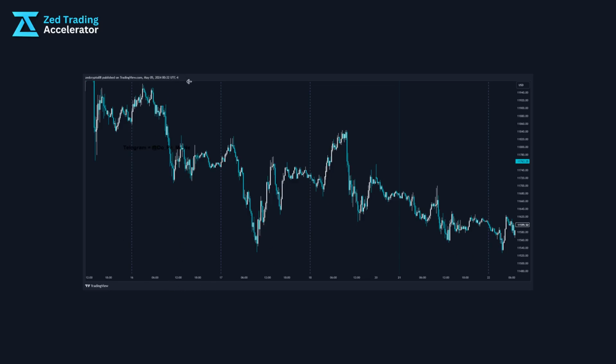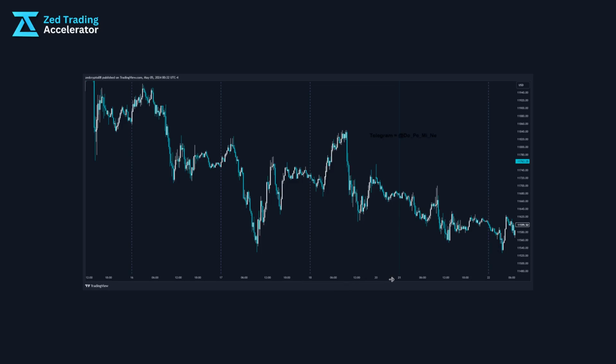So we have here 1, 2, 3, 4. We have here 4 trading days. If you look at the bottom, we have the dates right here, 16, 17, 18. This right here is Friday, so we have here the Monday, 21.